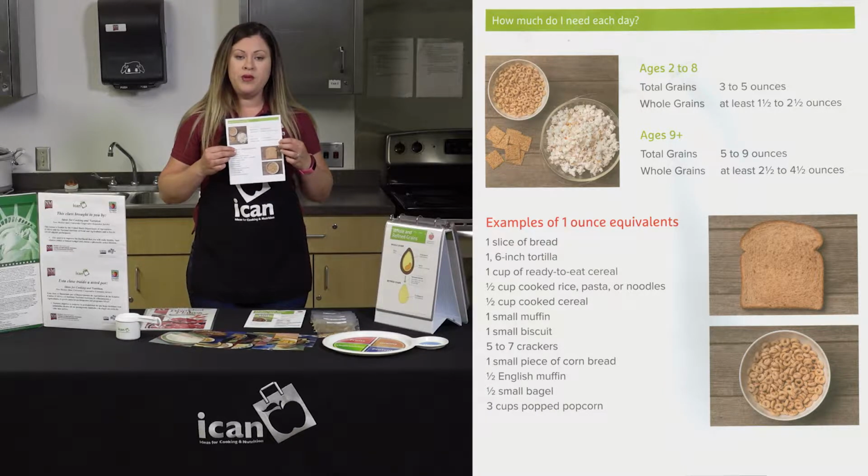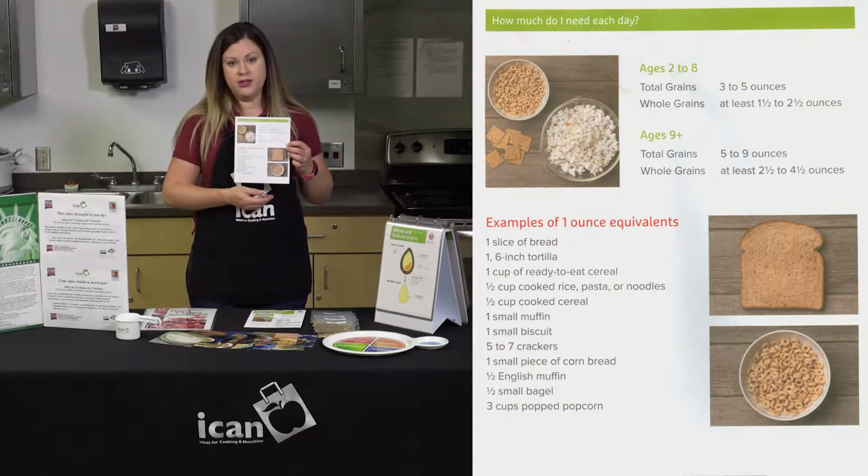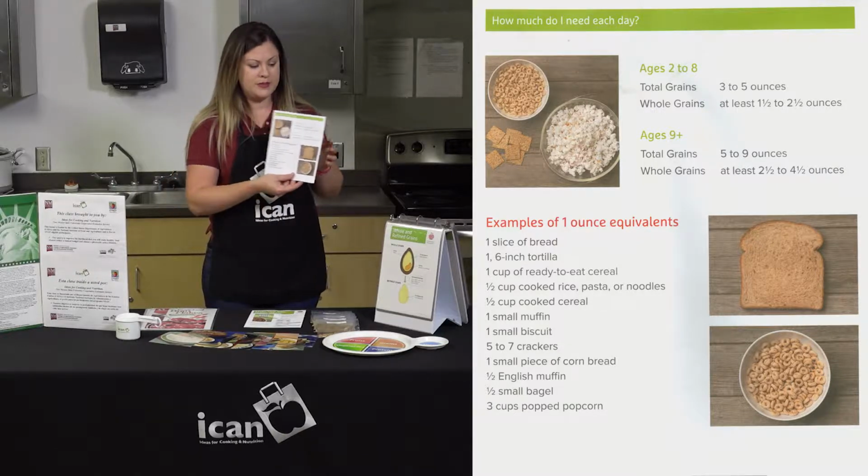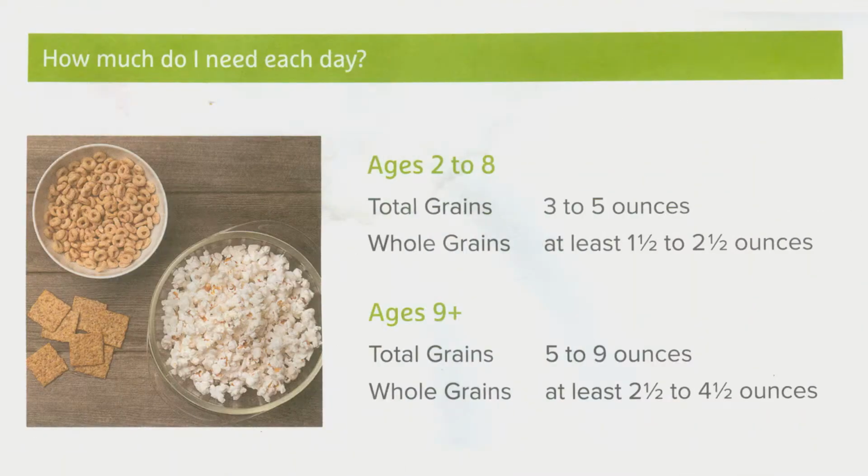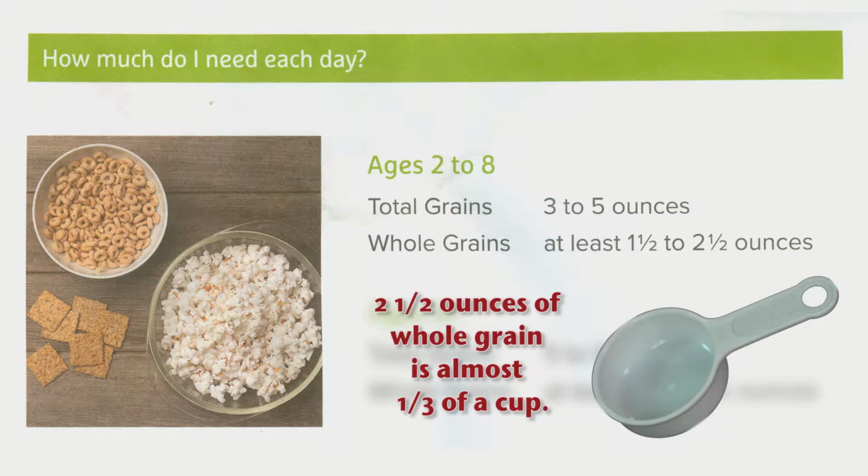Now this group is measured in serving sizes of ounce equivalents, okay, instead of cups. So for ages 2 to 8, the total grains recommended a day is 3 to 5 ounces.